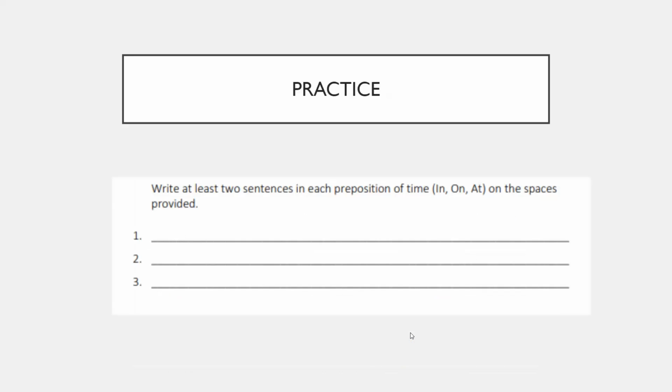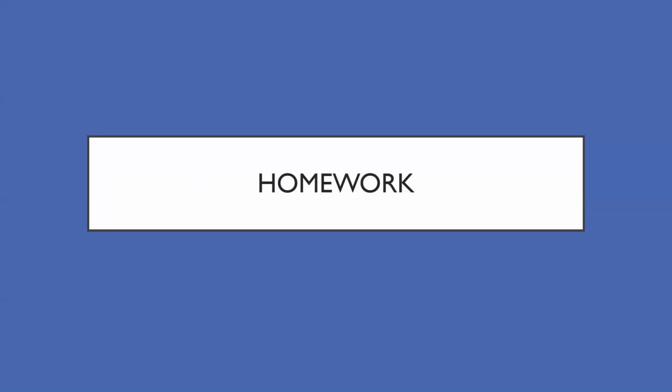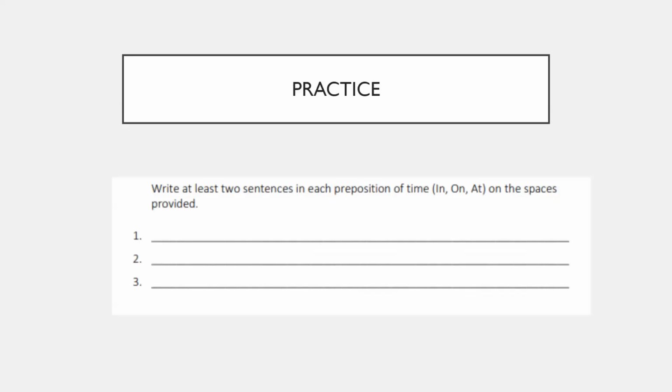So try to write 2 or 3 sentences using in, on, and at. Right, that's it. No homework. This is just a revision for you for Unit 5. In week 11 and week 12, we will do our final presentation, our final speaking interview.